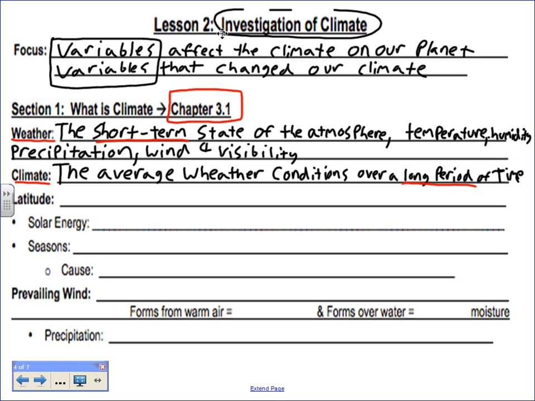Okay? The next definition we're going to look at is latitude. Okay? And latitude is the distance north or south from the equator. North or south of the equator.